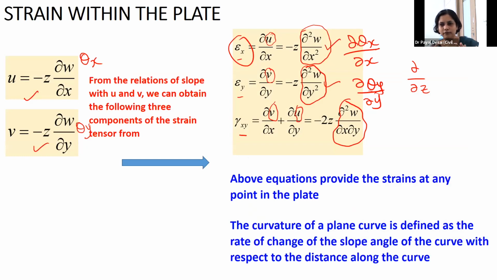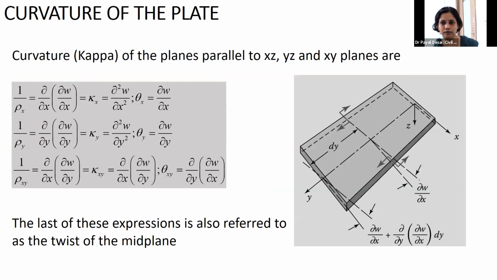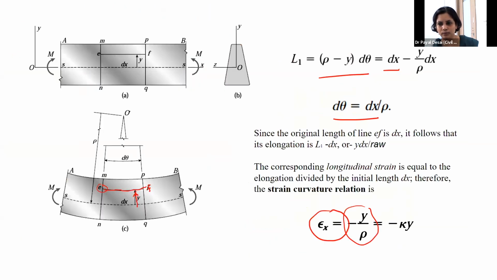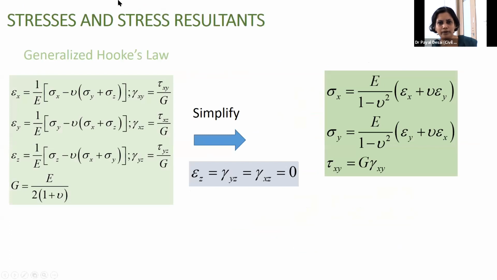And this is the first thing in any theoretical development, we need to write the strain quantities, and then we can take those equations further to determine the remaining quantities. Okay, now moving forward, Hooke's law can be simplified very easily. Now I will quickly go through these formulas. We have seen that epsilon z, we are making it 0.